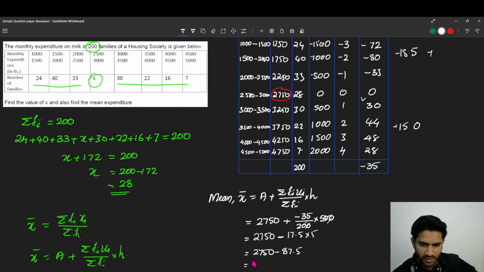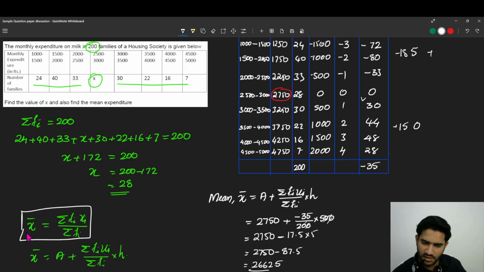By subtracting we will get 2662.5. So this is the mean expenditure. If you want you can use the other method too, it doesn't matter because nothing is mentioned. We can use any method. So I have used the step deviation method.